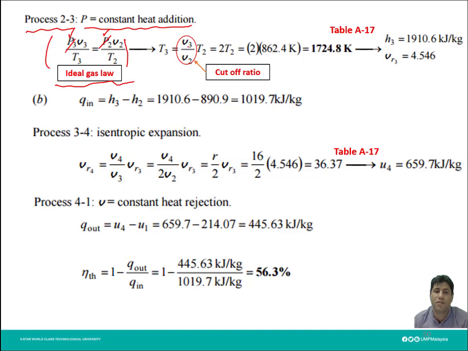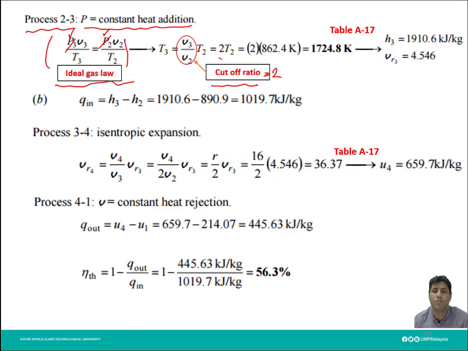So T3 is equal to V3 divided by V2 times T2, and instead of V3 divided by V2, we can write the cutoff ratio. Based on the question's instruction, the cutoff ratio is equal to 2.